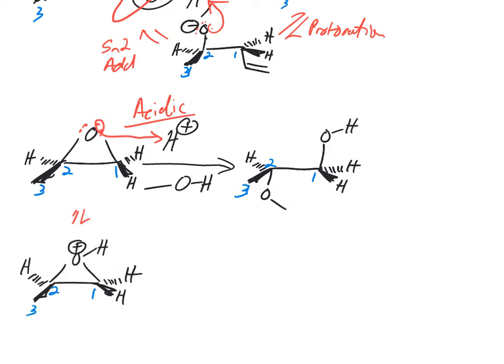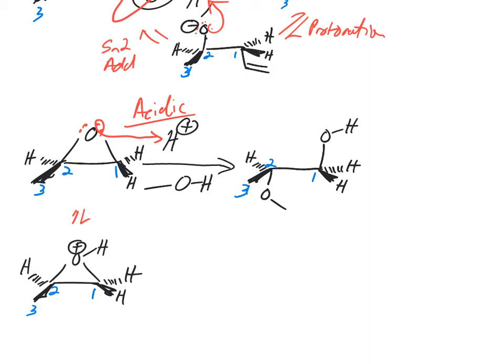Now this makes the epoxide actually more reactive. This is my nucleophile, this is my electrophile. So it's different than the first step where the epoxide acts as an electrophile first. So in this case, we've now protonated our epoxide. Now the question is, which carbon are we going to react with, carbon 1 or carbon 2? We're actually going to react with carbon 2 because that can be the most delta plus. Now it's like carbocations.